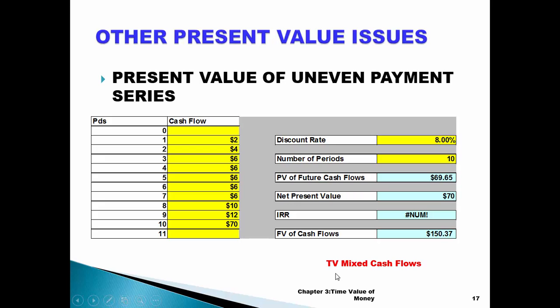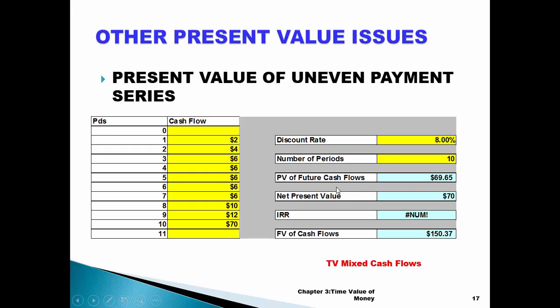This is on a worksheet called the time value mixed cash flows. So you list the cash flows. The one trick here is you have to remember that the cash flows happen at the end of the period. So they don't happen today, they happen at the end of the period, at day 1 of the next period. So we have 10 cash flows, and the interest rate is 8%.